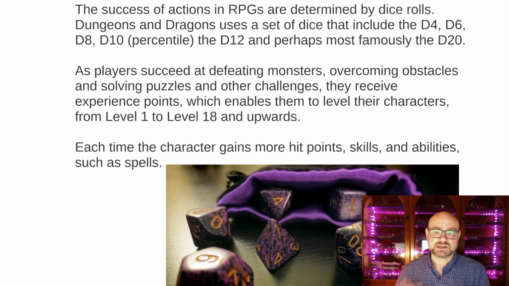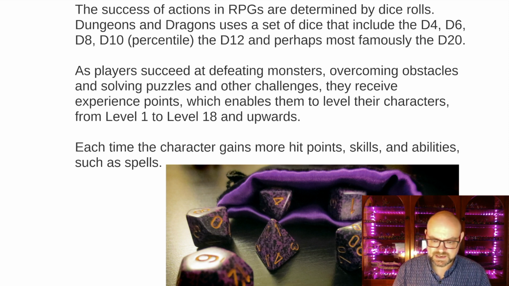So a dagger might do a D4 because it's smaller, and a giant two-handed weapon might do a D12. But it's the D20 that is used most often to determine the outcomes of events in the game. So a dungeon master might say, okay, you're trying to convince a person that you're an honorable hero.